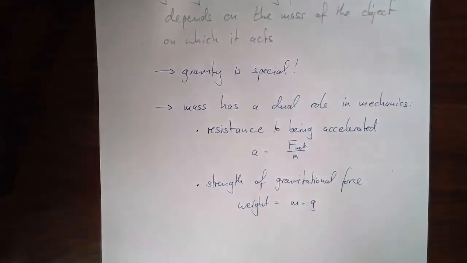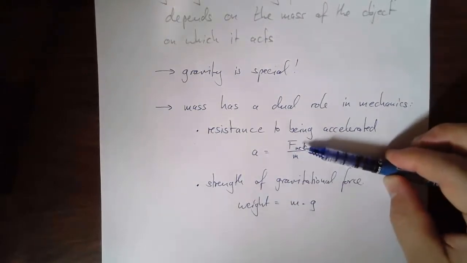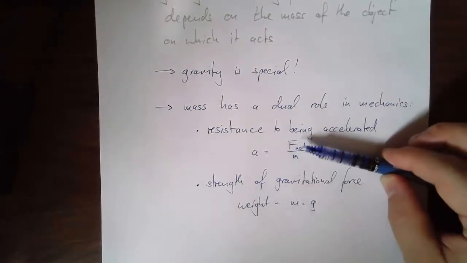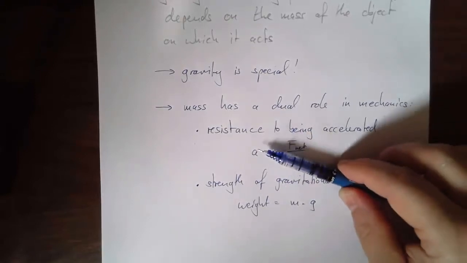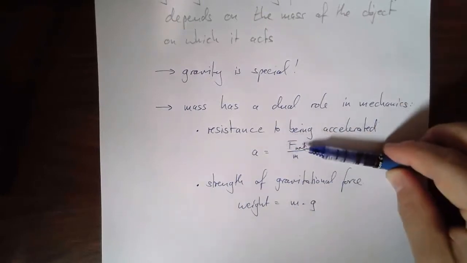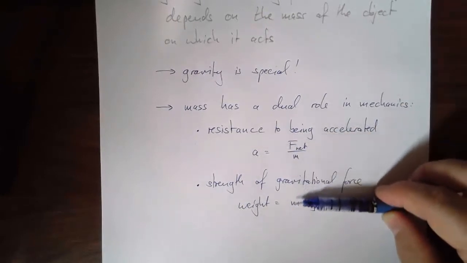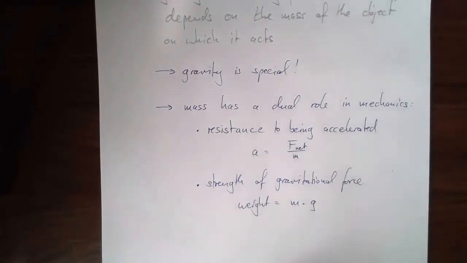Now the result from those two facts is that if I plug in the weight for the net force, like if the weight is the only force acting, then the masses are going to cancel and everything's going to have the same acceleration, namely g. So I take this, plug it in here, well then the m here is going to cancel with this m, and I'm left with a equals g. So everything falls at the same rate, which we kind of observed before.